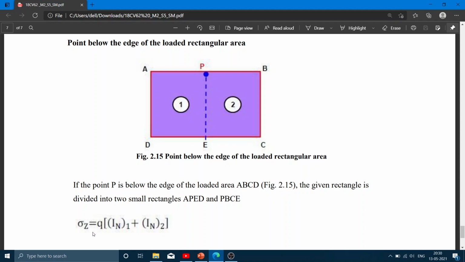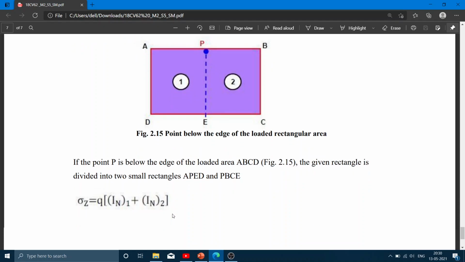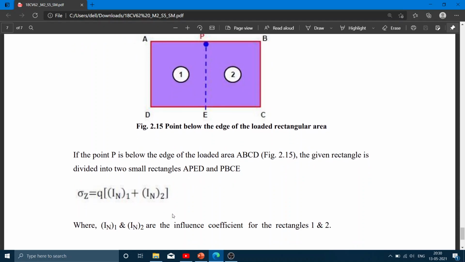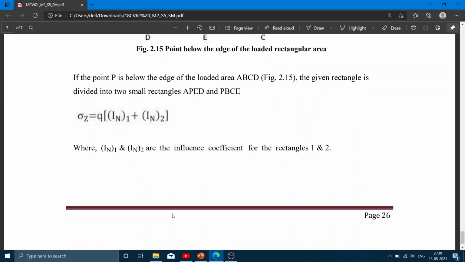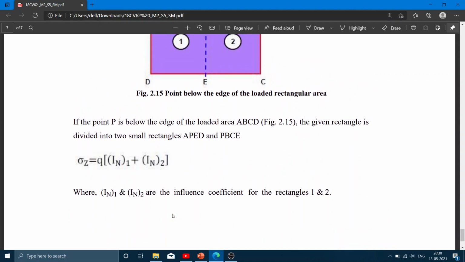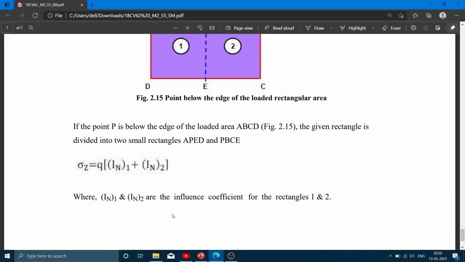Derive the equation for this case according to the Boussinesq equation: sigma z is equal to q into (In1 plus In2), where In1 and In2 are the influence coefficients for rectangles 1 and 2.